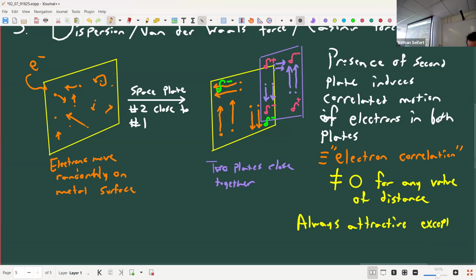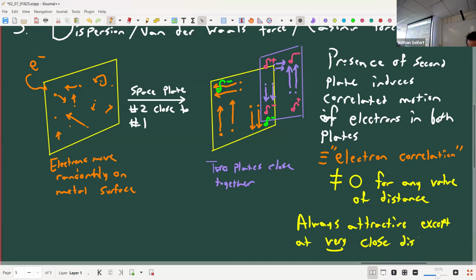Except at very close distances. We'll talk about what kicks in at close distances. There's a new repulsive force that appears that's connected to electron correlation.